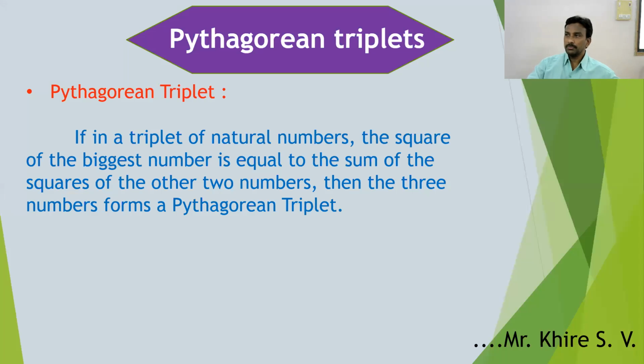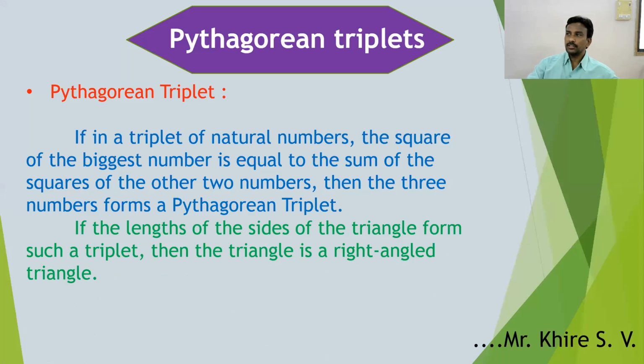Now the square of the biggest number is equal to the sum of the squares of the other two numbers. Then the three numbers form a Pythagorean triplet. If LHS is equal to RHS, then only it is a Pythagorean triplet, means it is a right angle triangle. Otherwise it is not a Pythagorean triplet or right angle triangle.